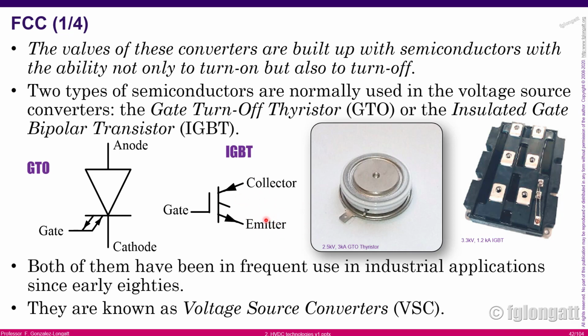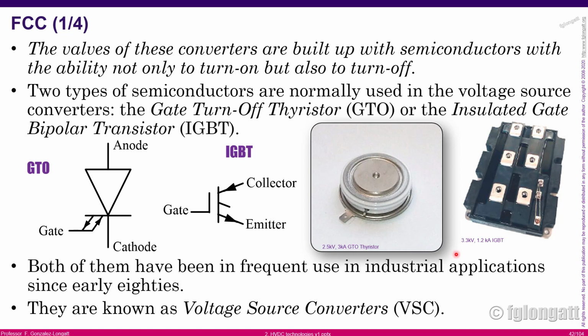This is a device where you can apply signals to the gate to close the device, and open or turn it off as you wish. Over here you can see the symbols. Here you have a photo of a 2.5 kilovolt, 3 kA GTO, and here you have a block of IGBTs.